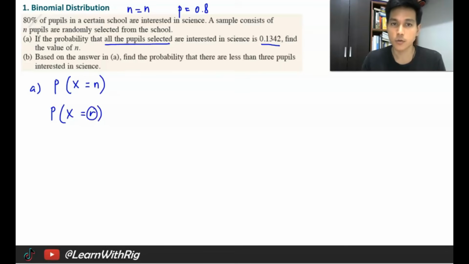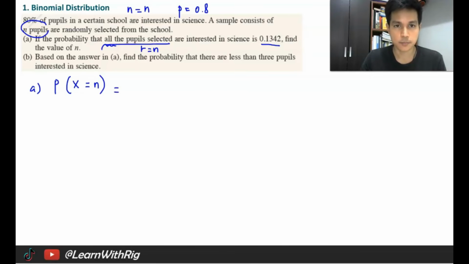So r is based on the question, how many of them are interested. In this case, they are telling you all. So that means out of the n pupils who were randomly selected, all of them are interested in science. So that means that the r value is also equal to n. The r value is equal to n. So because of that, you can just straight away substitute.